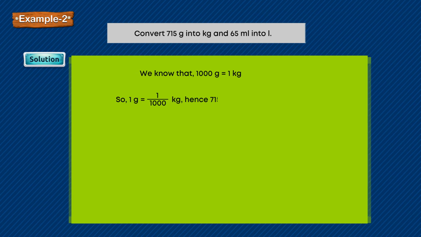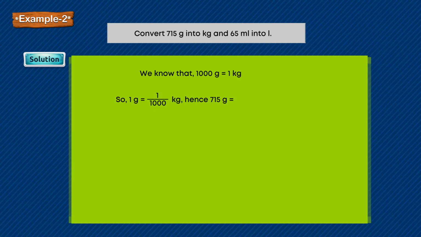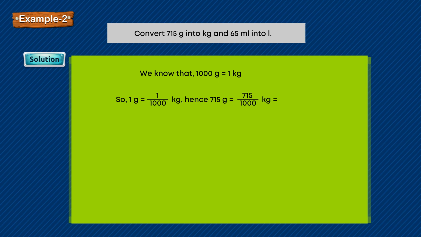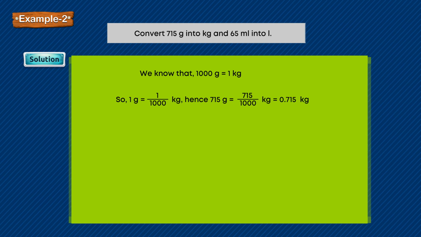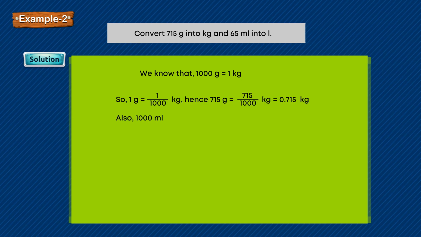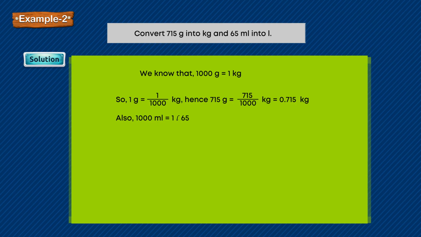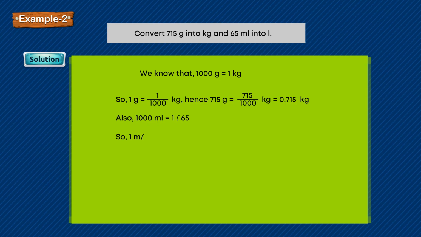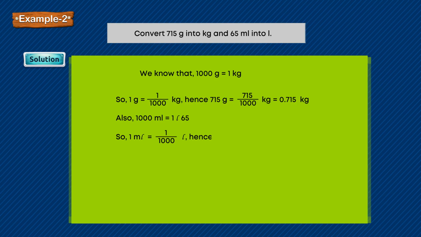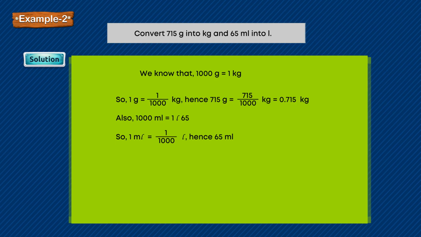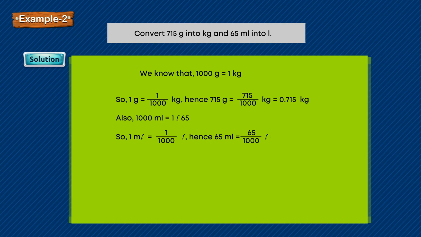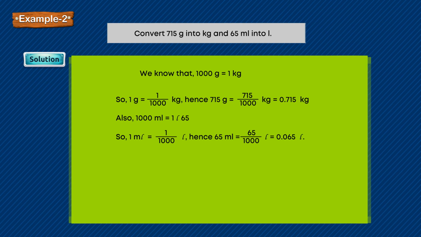Hence, 715 grams is equal to 715 by 1000 kilograms, which is 0.715 kilograms. Also, 1000 milliliters is equal to 1 liter. So, 1 milliliter is equal to 1 by 1000 liter. Hence, 65 milliliters is equal to 65 by 1000 liter, which is 0.065 liter.